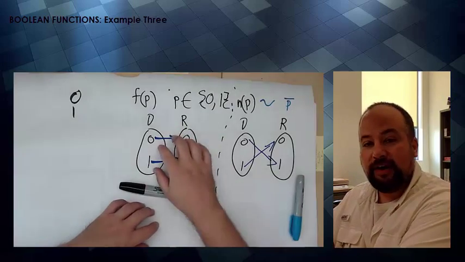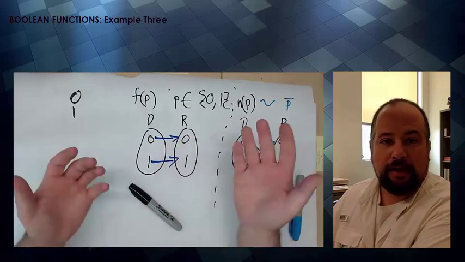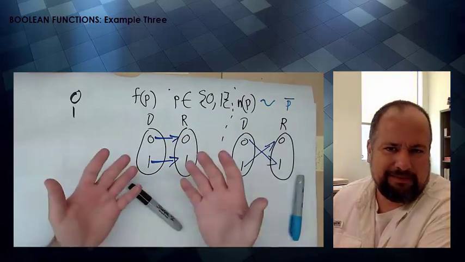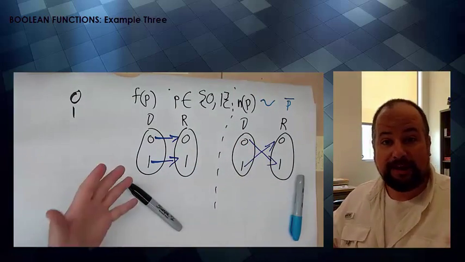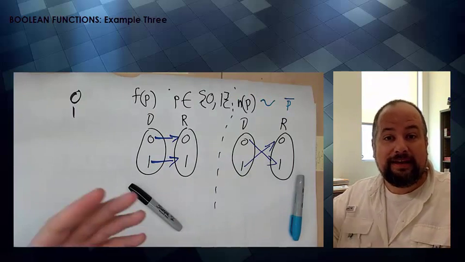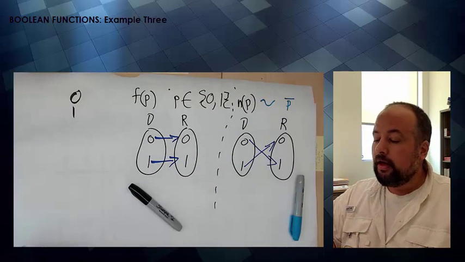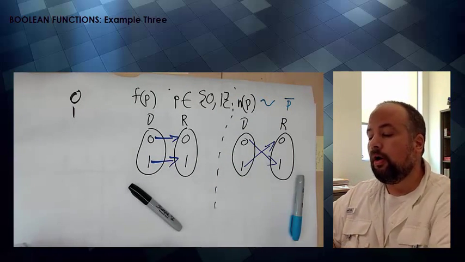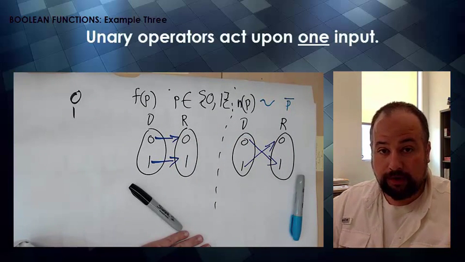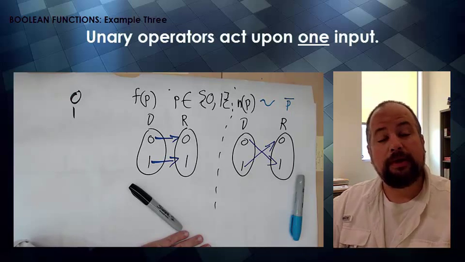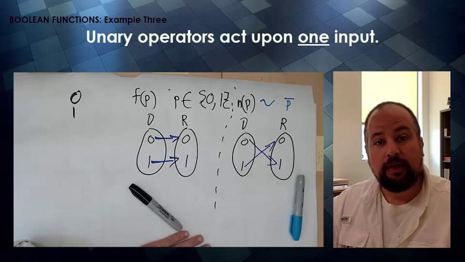We don't really have a fancy definition for the identity because you don't really need it, it just is. So f of p is p, right? You don't need to do anything with that. Also, these are called unary operators, right? Unary because they act upon one input.